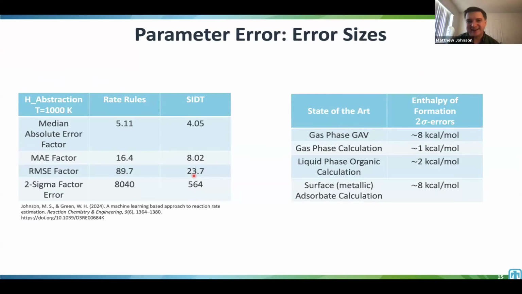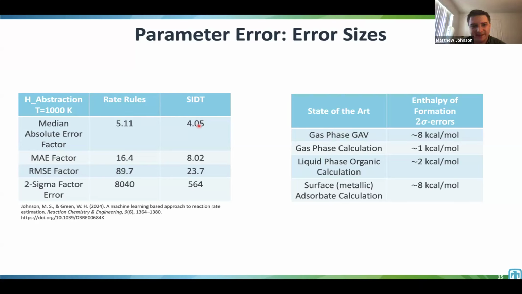So with that in mind, it's important to have a good grasp of what size our errors are in RMG. If we look at the hydrogen abstraction rate family at 1,000 Kelvin, and we look at our rate rules in SIDT, we can see the median absolute error factor, so roughly half of our rate coefficients are really well estimated. We're getting these within about a factor of 4.